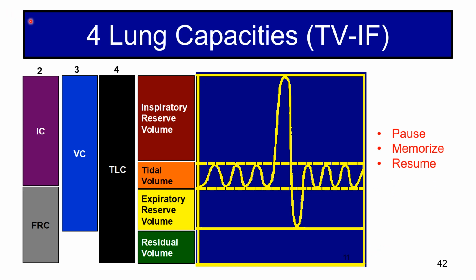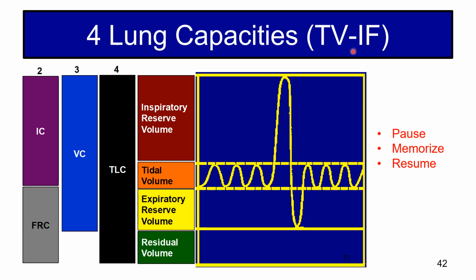Okay, so let us combine what we have discussed so far. You have four lung volumes, which is ITER, and you have four lung capacities, which is TVIF. T stands for total lung capacity, which contains the four lung volumes, I, T, E, and R. V stands for vital capacity, which contains the three upper lung volumes.